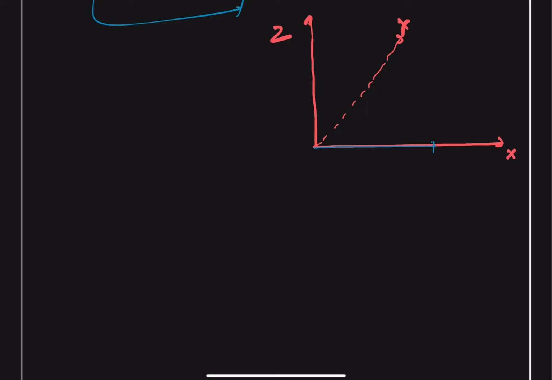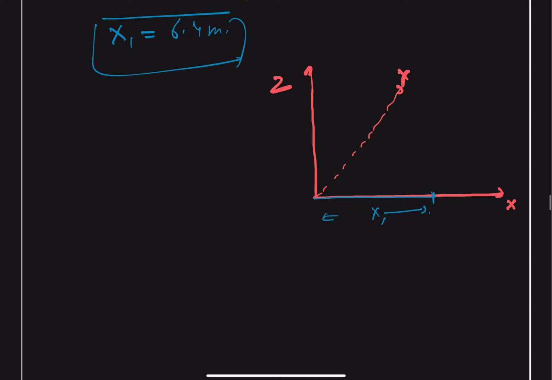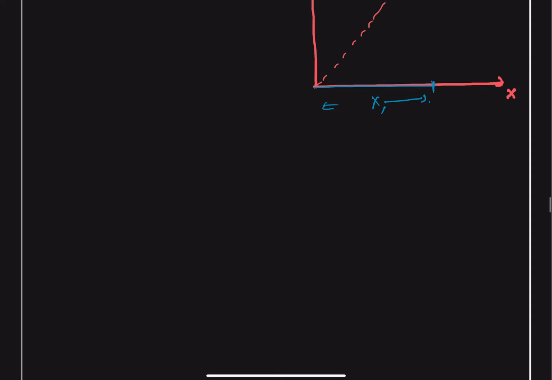This is our x1, and this x1 distance is 6.4 meters from the origin, so the coordinate will be 6.4, 0, 0.